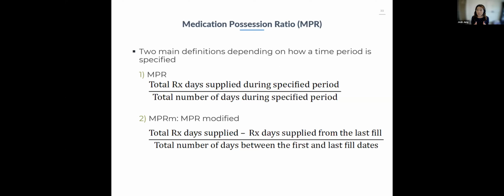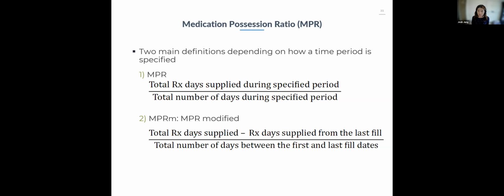I don't know what happened after August 1st. So what I'm going to do is simply look at the total number of days between the first and last fill dates. That's assuming that maybe the patient experienced side effects or the doctor said, oh, don't take it then. Then we want to be fair. So I want to limit my denominator to just the period between the first and last fill dates.